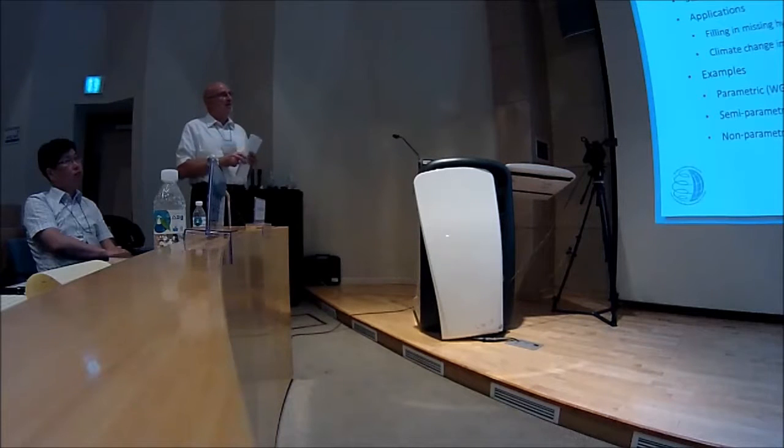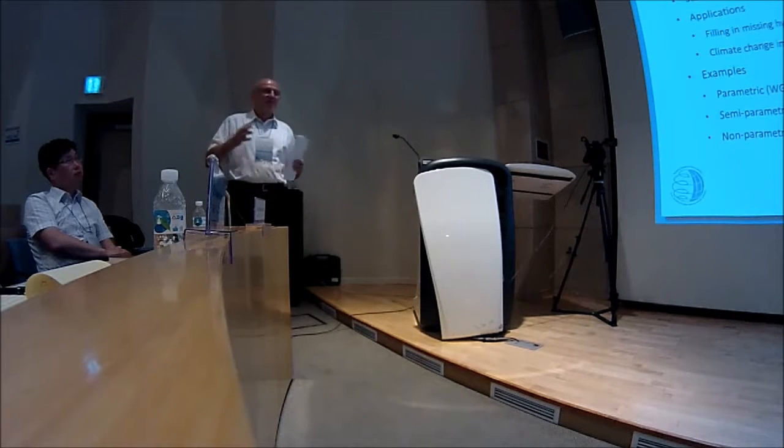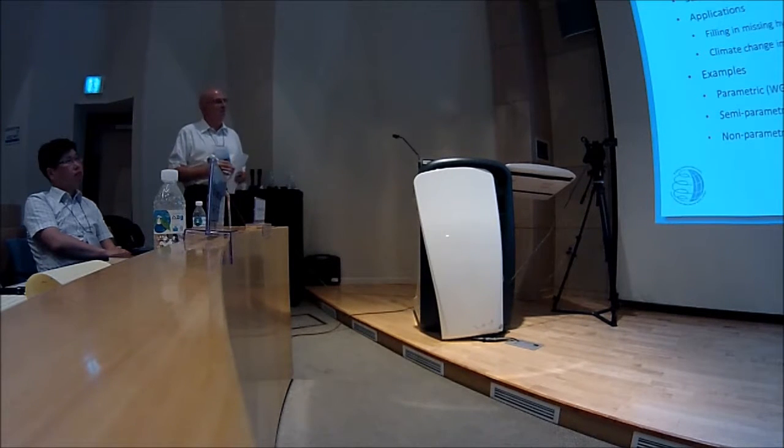Statistical downscaling methods can be used in many different ways. I think you all worked on that, used them. The presentations up to now were already illustrating a very wide range of potential applications. I'm generalizing here: filling missing hydrological information and assessing the impact of climate change are definitely the key applications.